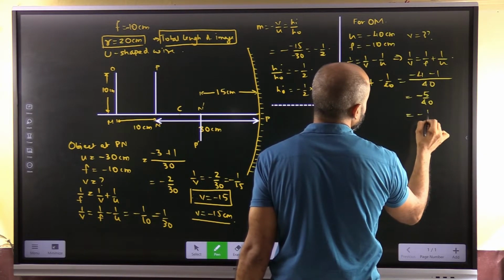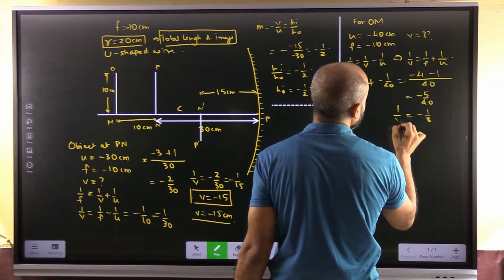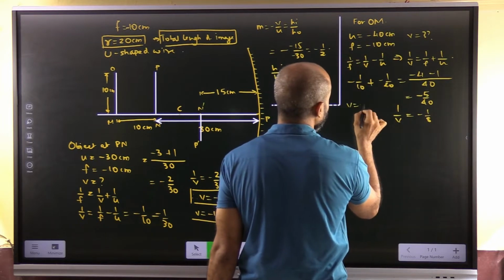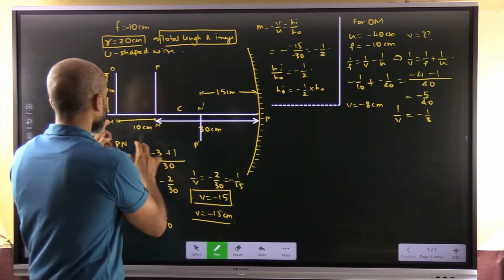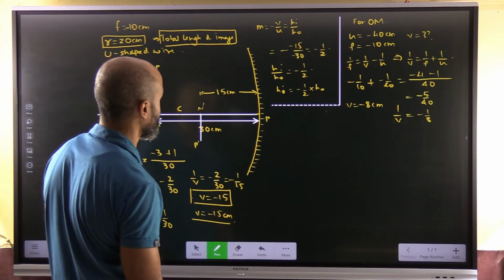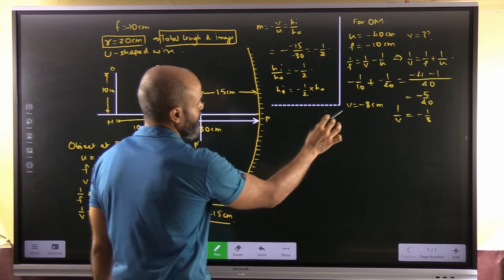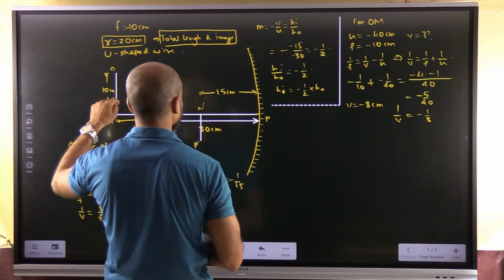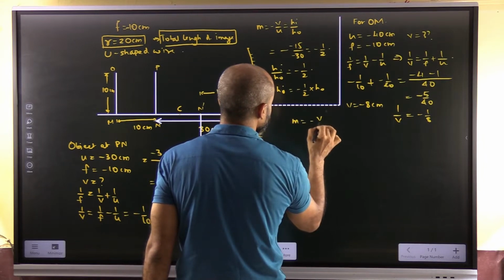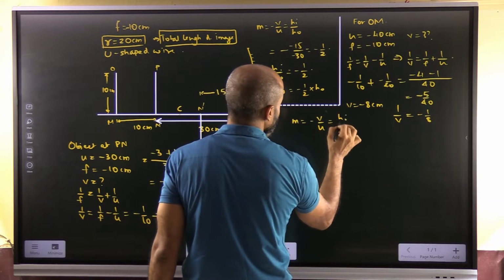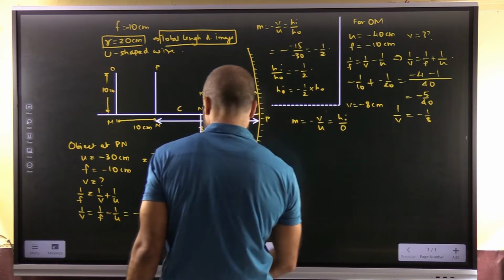So this will be minus 1 by 8. So 1 by v is equal to this, therefore v will be equal to minus 8 centimeter, which means it will be somewhere here. Now we have to calculate the height. We know that magnification is equal to minus v by u, that is height of image upon height of object.